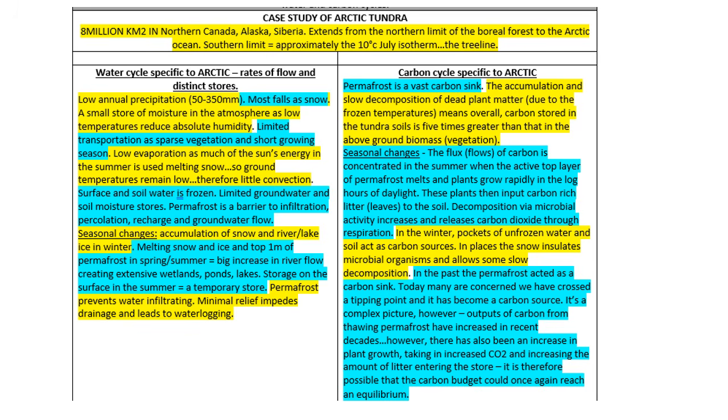However, we also know that there is this long-term feedback mechanism that could occur whereby more CO2 in the atmosphere will increase the amount of plant growth. And with the increased amount of plant growth, those extra plants will take in more carbon dioxide, and it's possible that we could restore equilibrium to the carbon budget through that process.